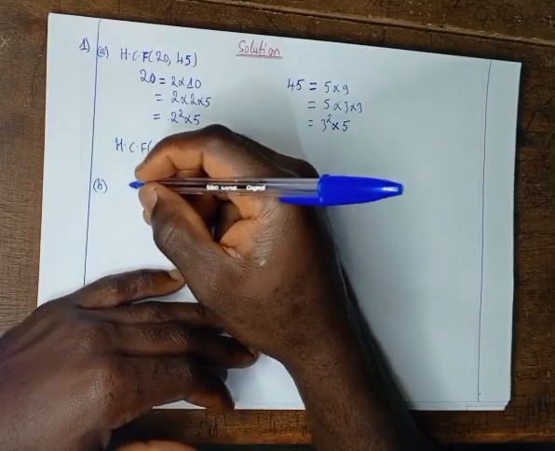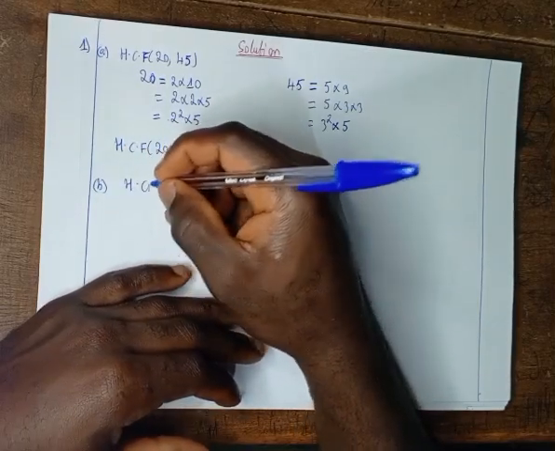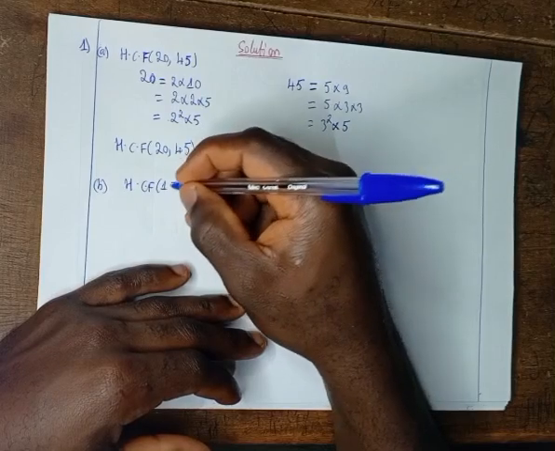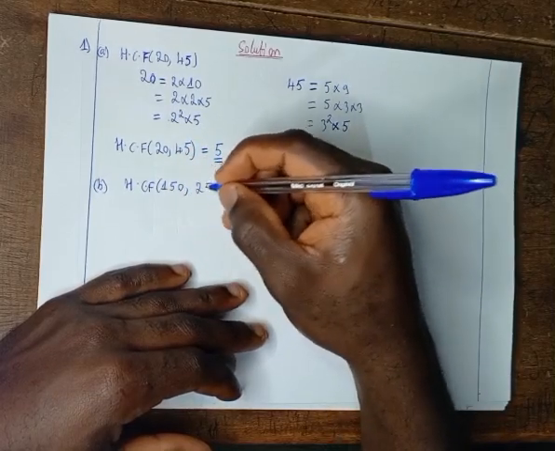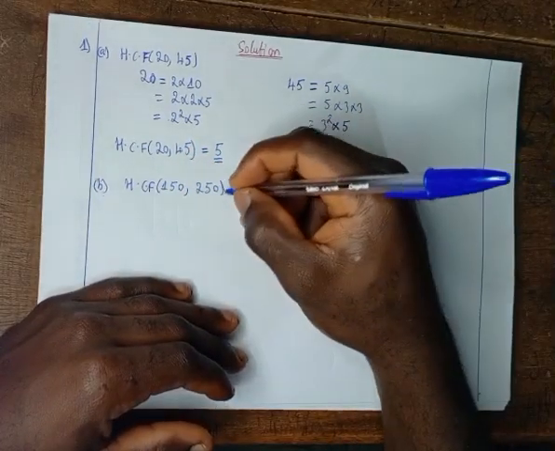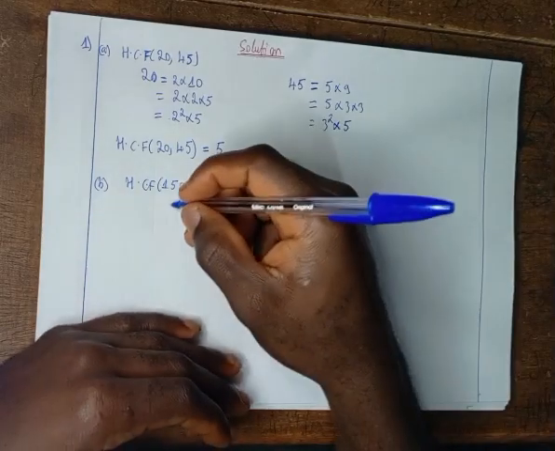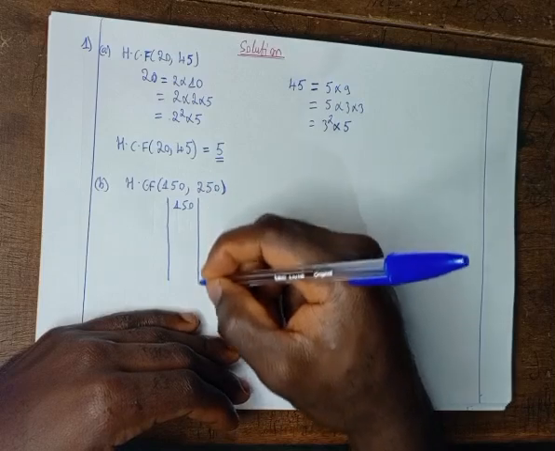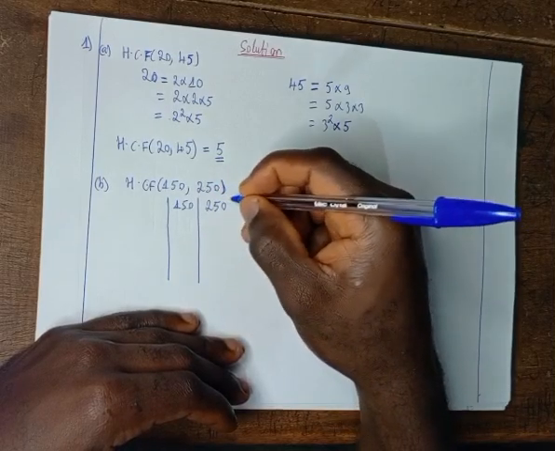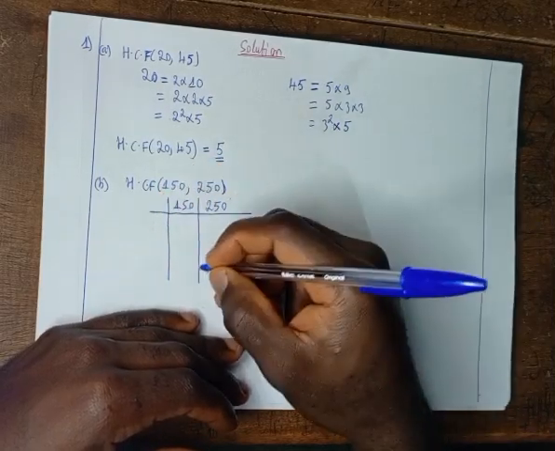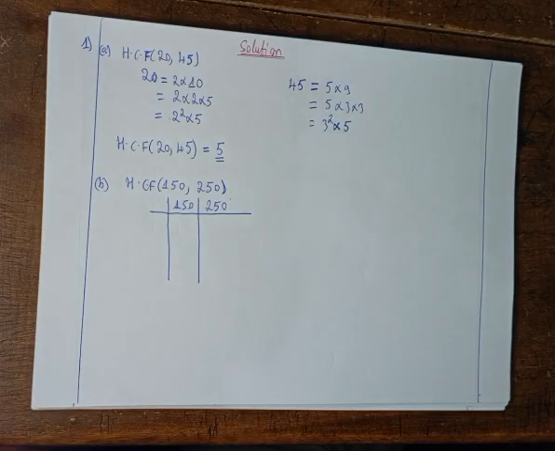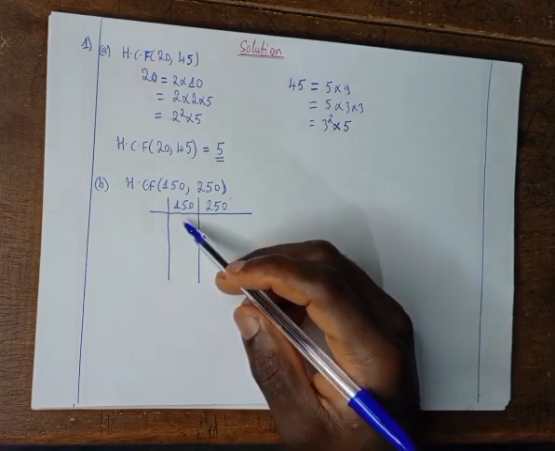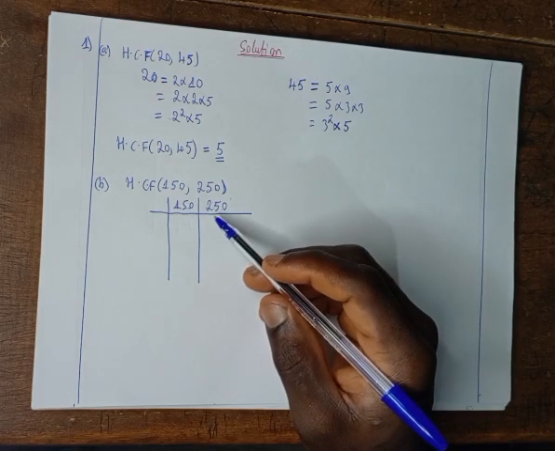Question B, we have the numbers 150 and 250. In this case, let's make use of repeated division. So at the first column, we are going to make use of a prime number which is a common factor to 150 and 250.